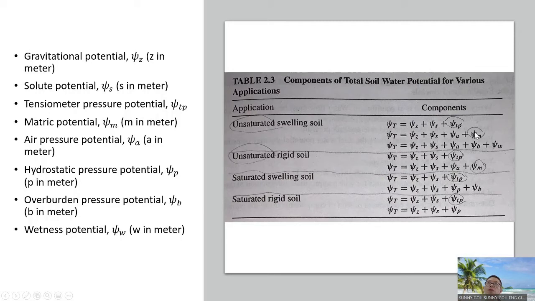But when it comes to unsaturated soil, we have matric suction, and also air pressure potential. The air pressure potential refers to the pressure of air in the soil. Here the Wp, the hydrostatic pressure potential, refers to the pressure of water in the soil. So that's the difference. This is referring to the air, this is referring to the pressure in the water.